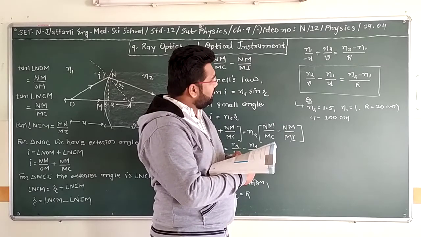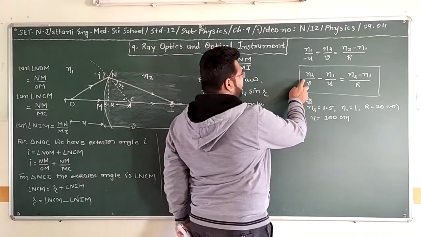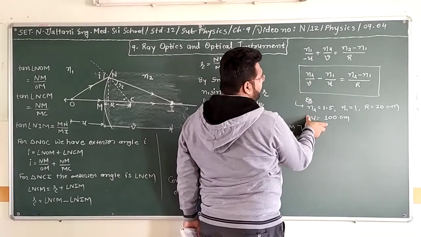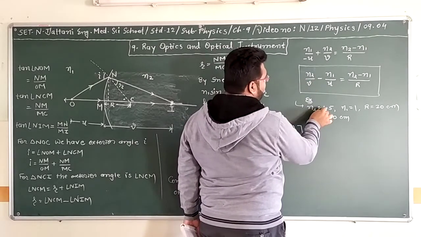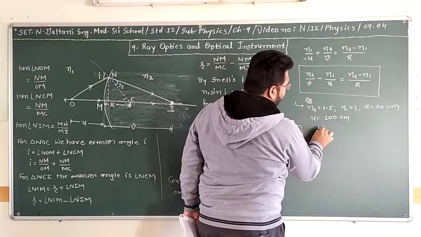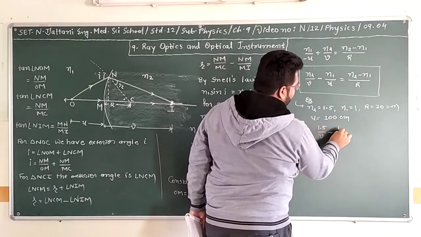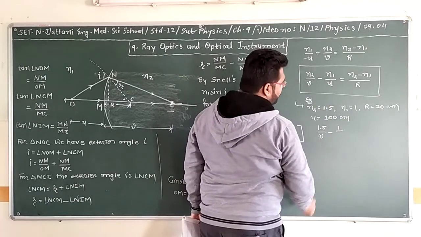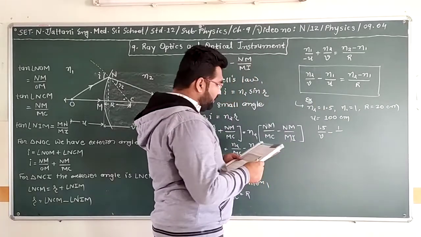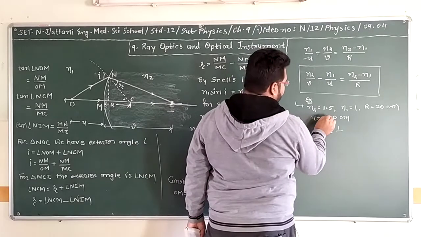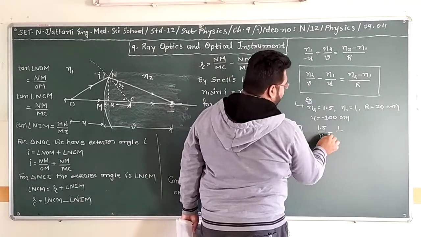So we will put here the formula. If we put the values in this formula, N2 that is 1.5 upon V minus N1 is 1 upon U. So the value of U, that is minus 100. So minus and minus will be plus.